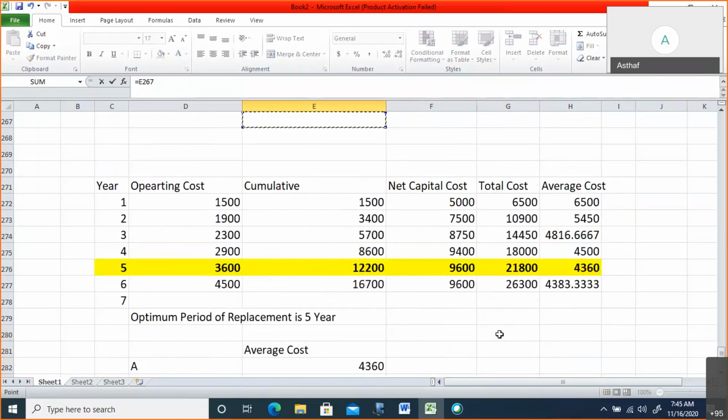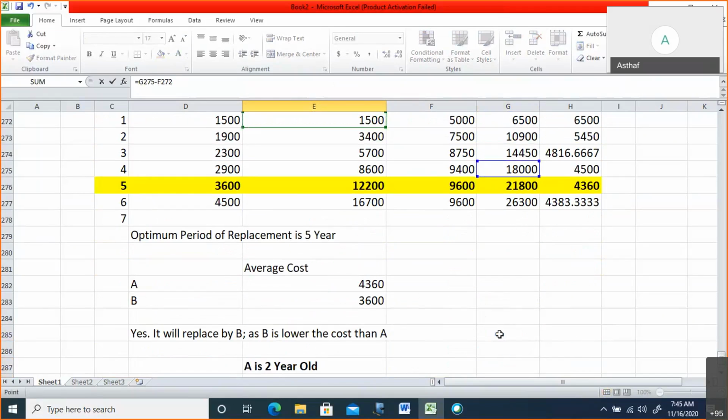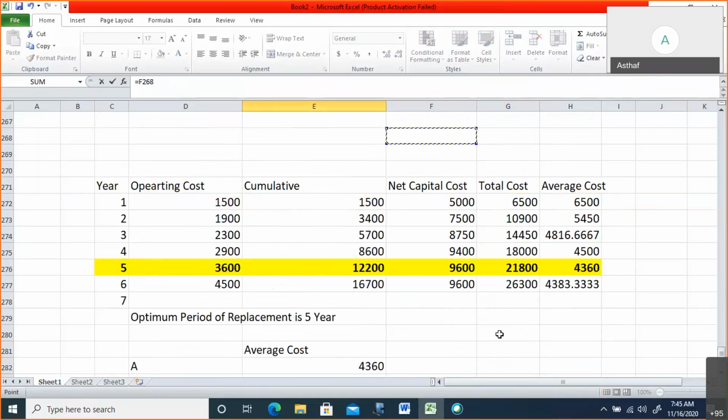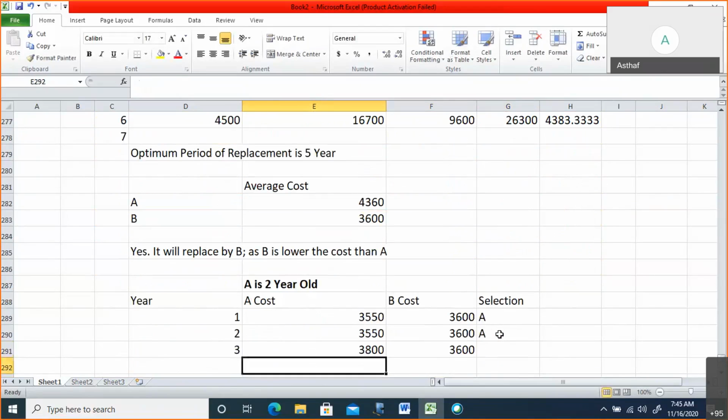Next year, one more year is crossed. Now when you look, B will come.